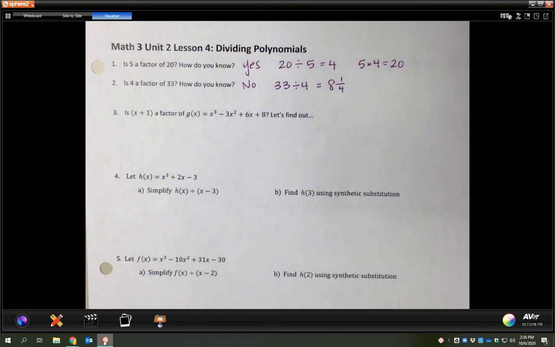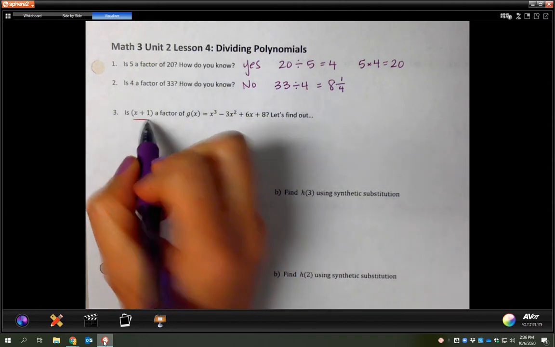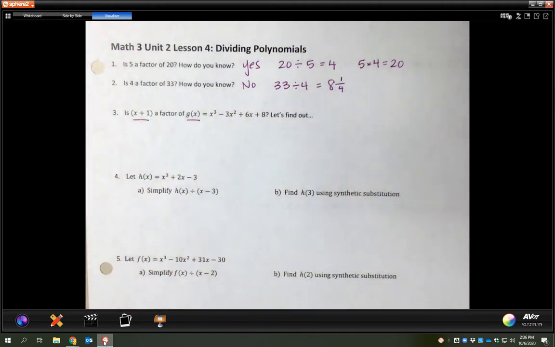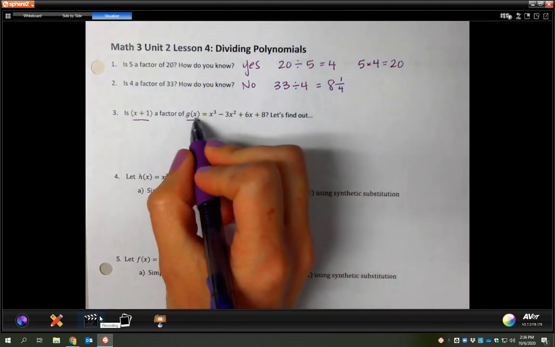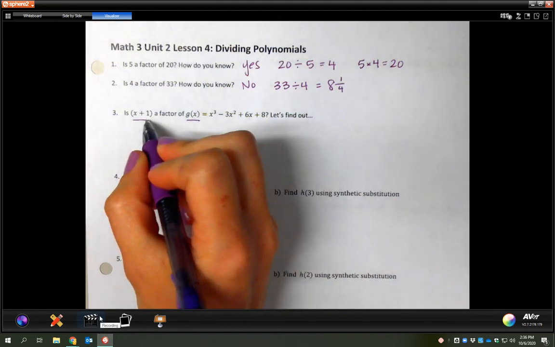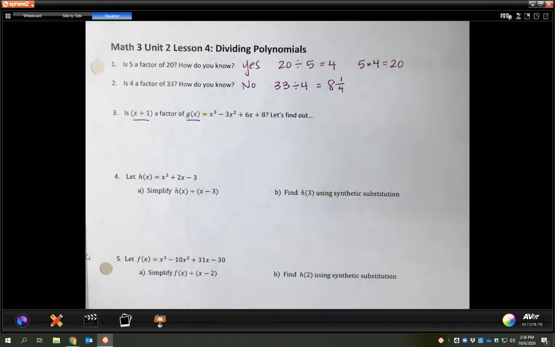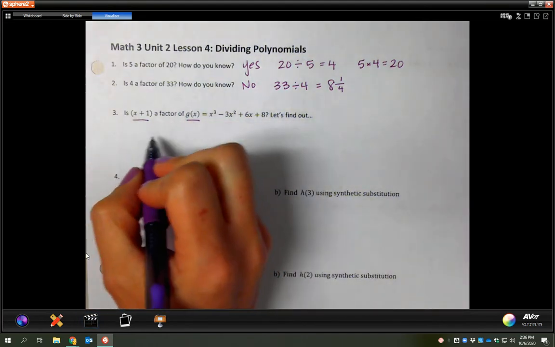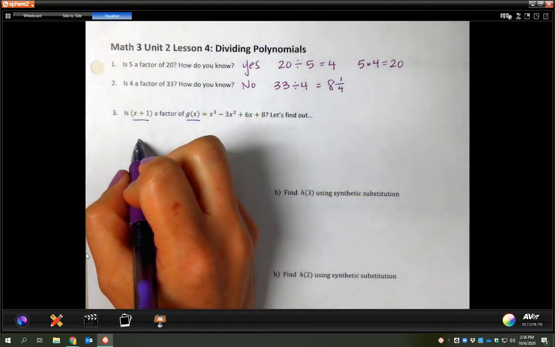So we're going to use that same concept to talk about factors of polynomials. So is x plus 1 a factor of this polynomial g of x? To find that out, we're going to take g of x, divide by x plus 1, and see if it works out perfectly or if we get a remainder. So to divide by x plus 1, we're going to use the area model.